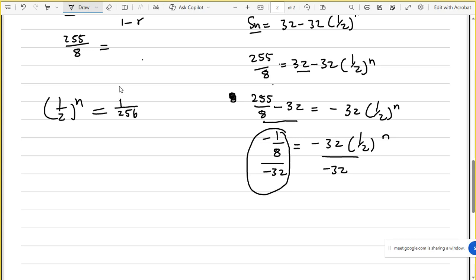And then what is 1 over 256 to base 2? 1 over 2 exponent 8. Okay, then this will be 2 to the power minus n, equal to 2 to the power minus 8. Then minus n is equal to minus 8.